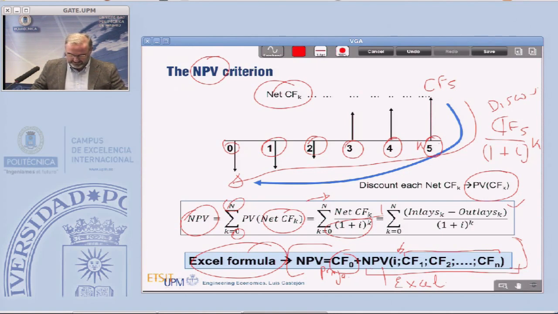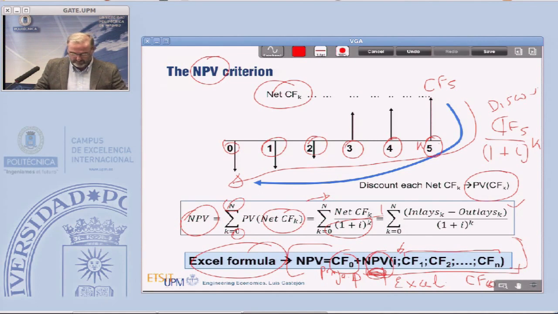So as you see in that formula, we don't include the cash flow of year 0. Why? This is the way Excel works with this formula, so we have to include the cash flow in year 0 outside the Excel formula for net present value.